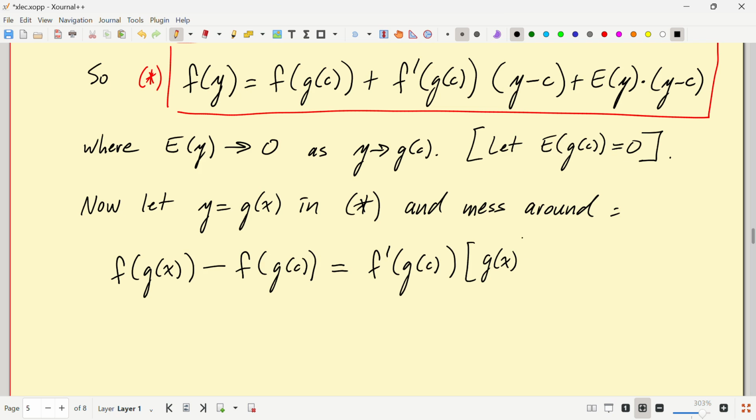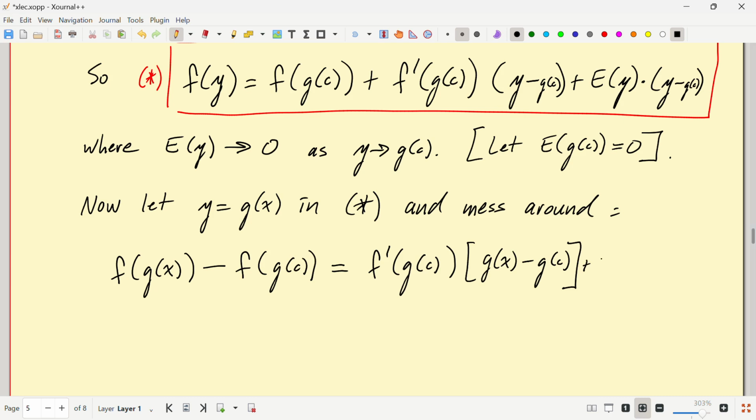Oops, doggone it, I'm sorry. My c is actually a g of c. There, that's fixed. Now I'd have g of x is y, and I'd still have a g of c here.